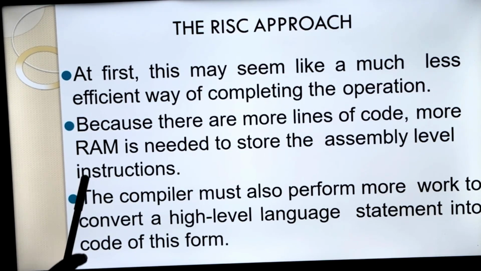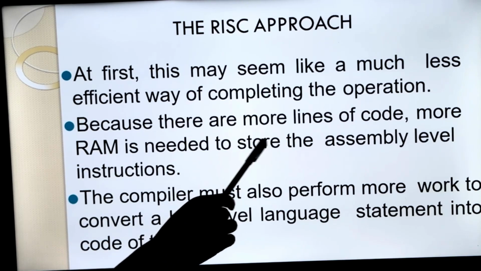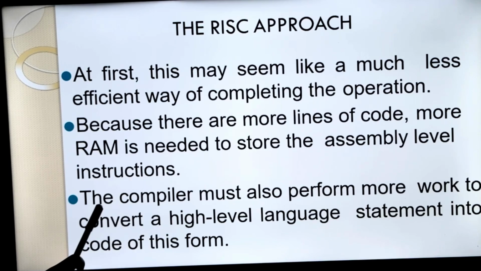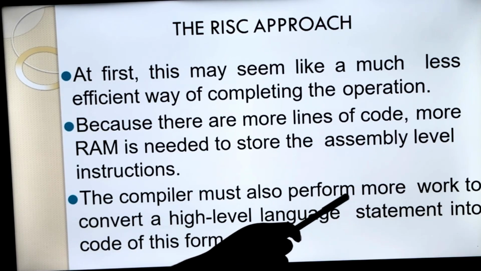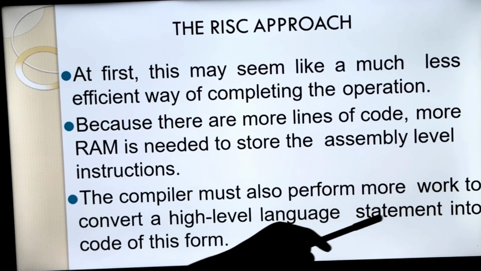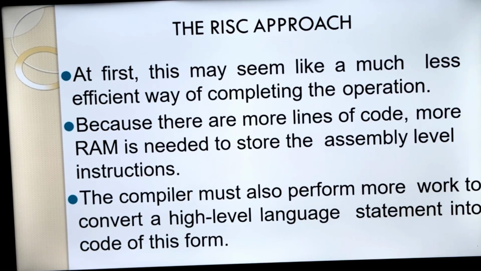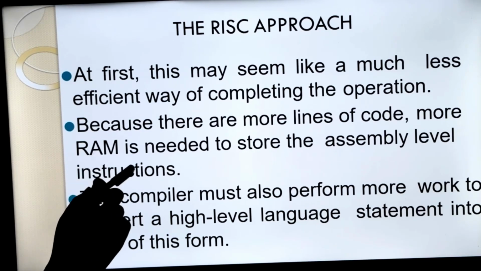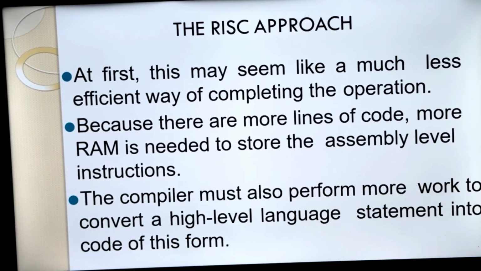First of all, more lines, so I need more RAM. And the compiler must also perform more work to convert a high-level language statement into code of this form. Means I have many lines of instructions, so my compiler also needs to work a lot, and I need more RAM because I have more instructions to be added. So overall, it seems like it will take more time. This is not a feasible way. CISC is far better than this, right?